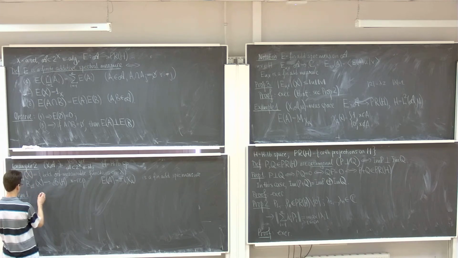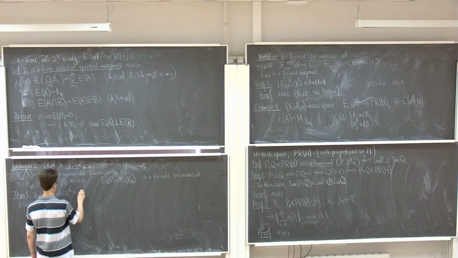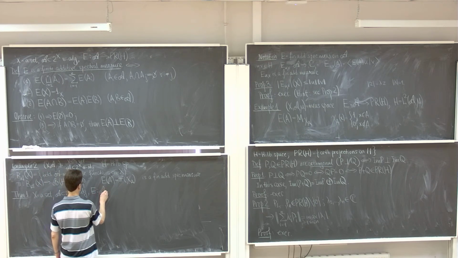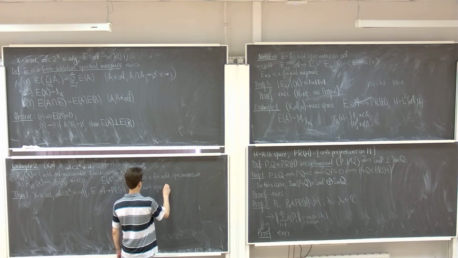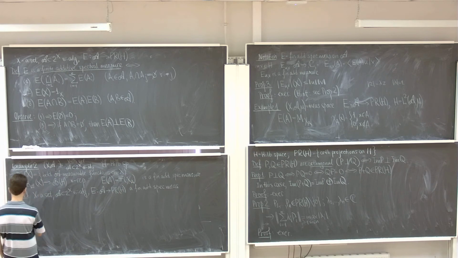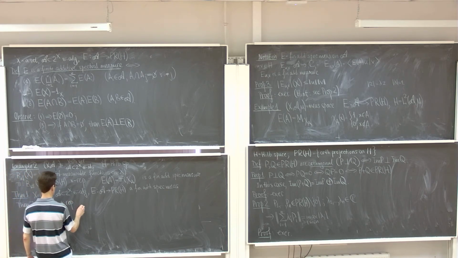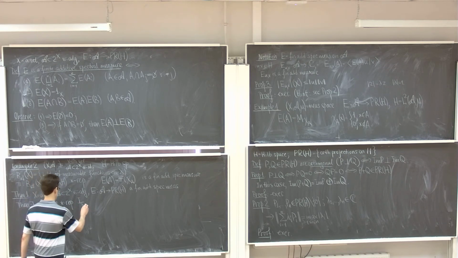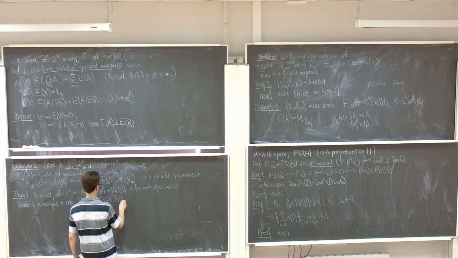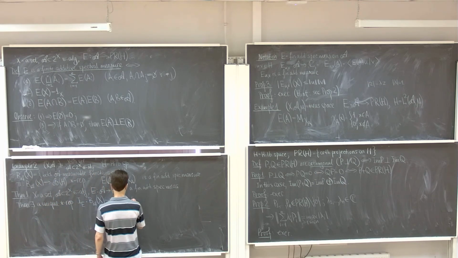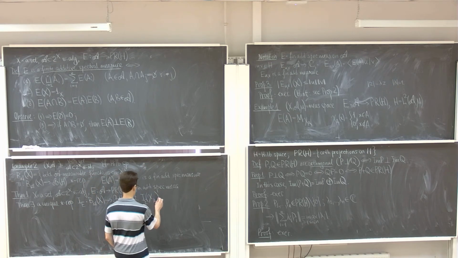So suppose that, again, X is a set, script A is a sigma algebra of subsets of X, and E is a finitely additive spectral measure on A. I claim that there exists a unique star representation, which will be denoted by E integral, of the algebra of bounded measurable functions on X on H, such that after we apply this representation to the characteristic function of an arbitrary set, we get E of A.